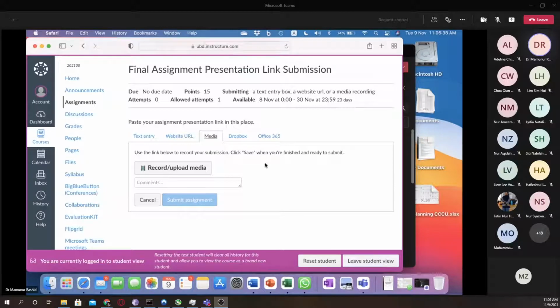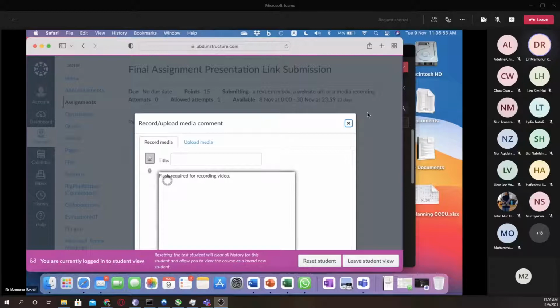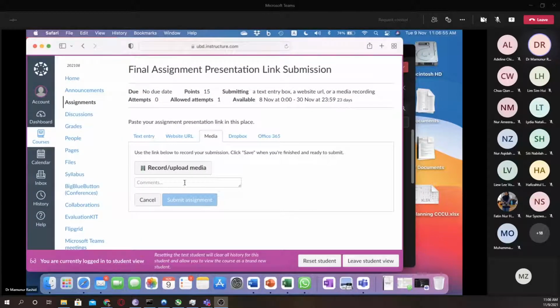Or if you have a small media file, a video file of 10 minutes, for example, if it is small in size, not that big, say 50 or 60 megabytes, that we can cover. You can upload the video in this space. If you upload the media, I can directly see it here. But if you just paste a link, I'll have to click it to go to your site.